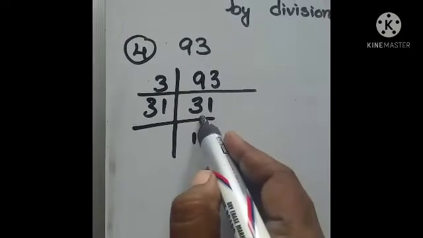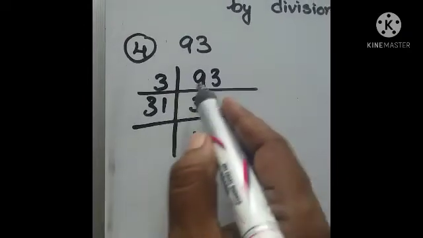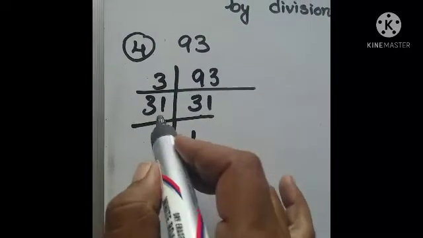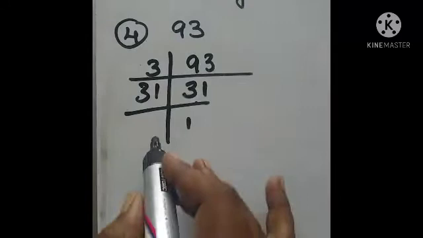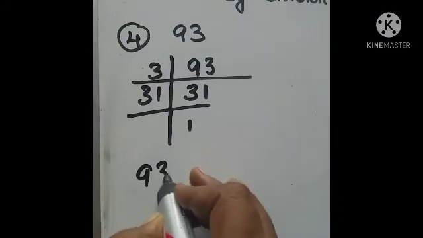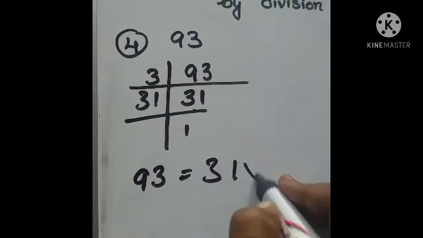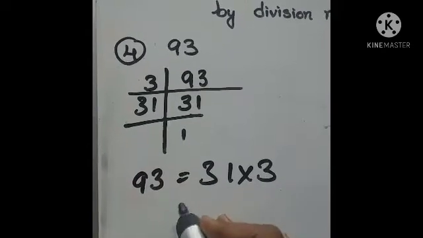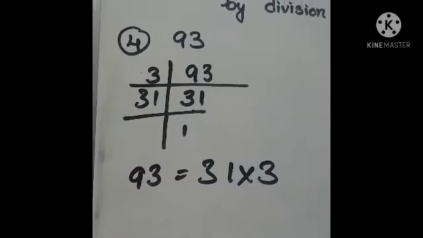There is no other factor, 1 and itself only. 93's prime factors are 31 into 3. 3 3s are 9, 31s are 93. Okay?